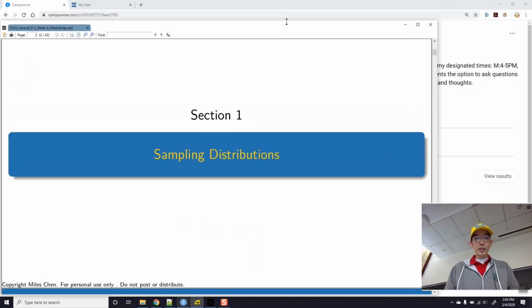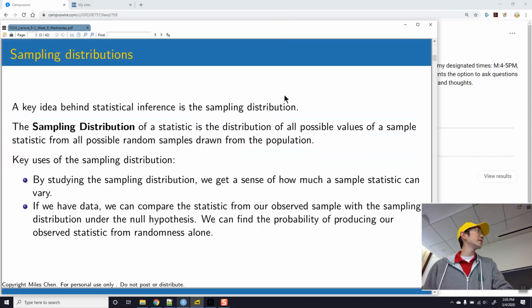We're basically trying to generate sampling distributions. I've talked about sampling distributions, but this is a very key central idea, so here I go talking about it again. The sampling distribution of a statistic, whatever it is, is the distribution of all possible values of a sample statistic from all possible random samples drawn from the population.